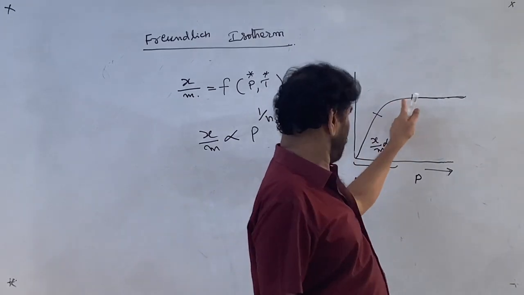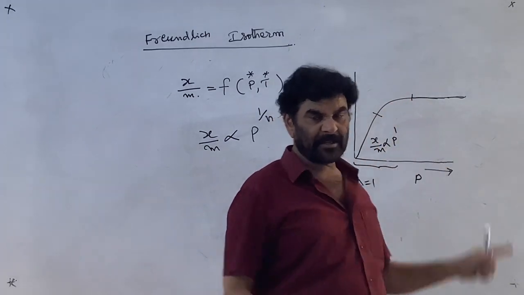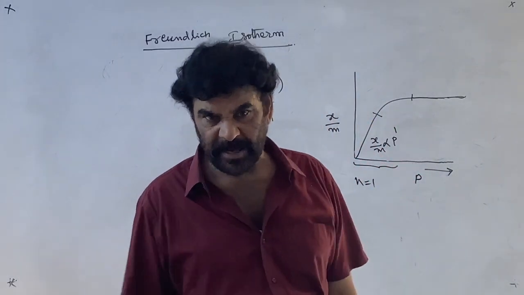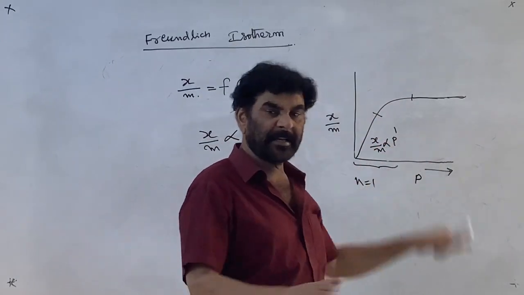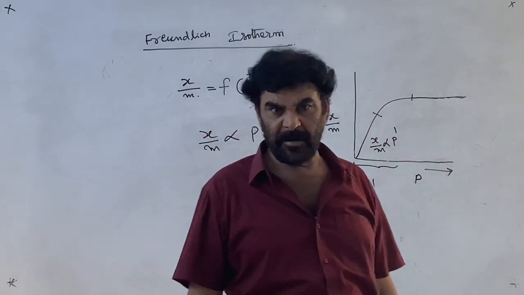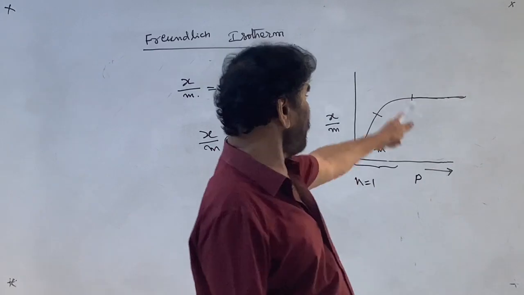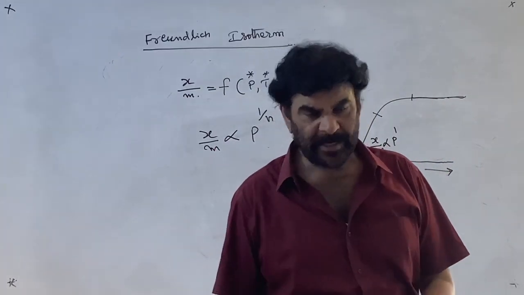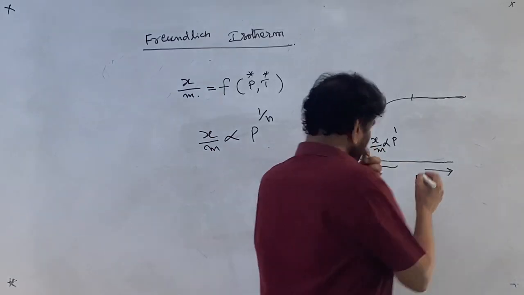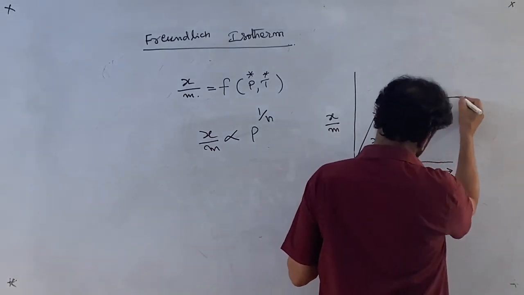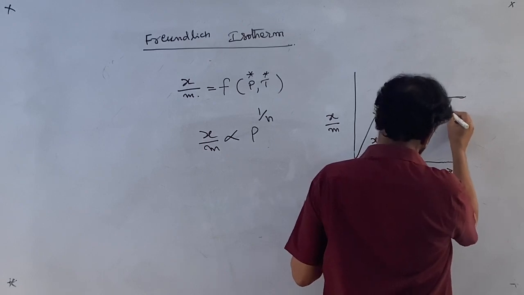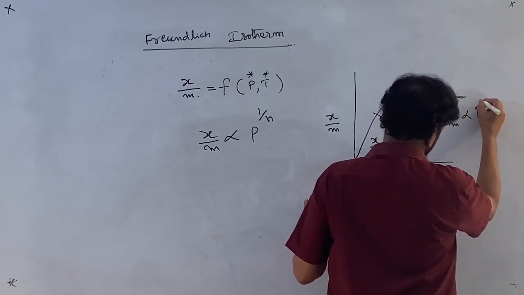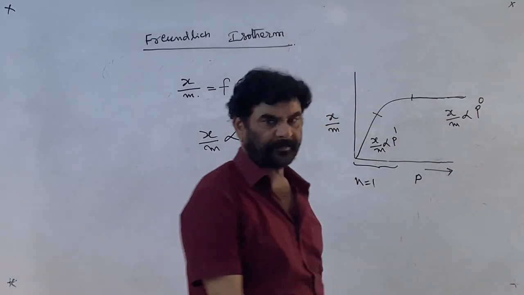As the pressure increases, more and more surface of the adsorbent is covered with the adsorbate gas, and at one point the entire surface is covered by the gas, and on further increasing there is no space, so the extent of adsorption is not increasing. Therefore here it is obeying x by m is proportional to p to the power of 0.